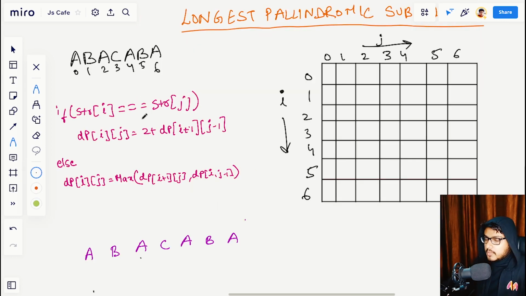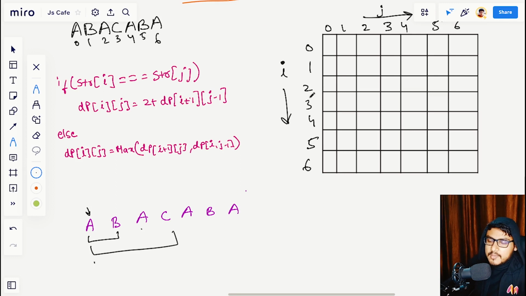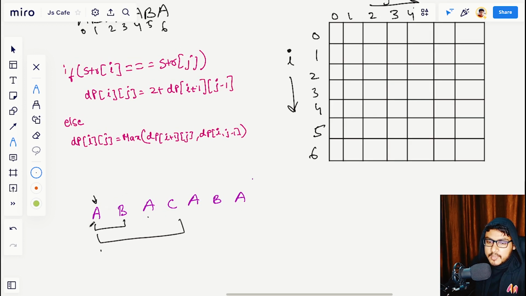Okay, so now we will create a DP table of I and J. I and J are basically the pointers that we were setting in the demo. We had I and J pointers here, and we were considering whatever subsequence can be found between the I and J boundaries.